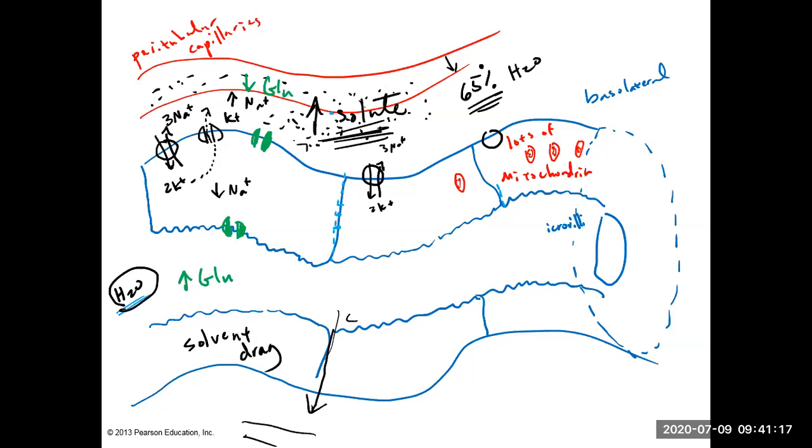So it is rather important to think about that. All right. So what do we need to do? We need to reabsorb the glucose. Now, this is a secondary active transport. So if you don't know what that is, go back to reviewing the notes on chapter 3.